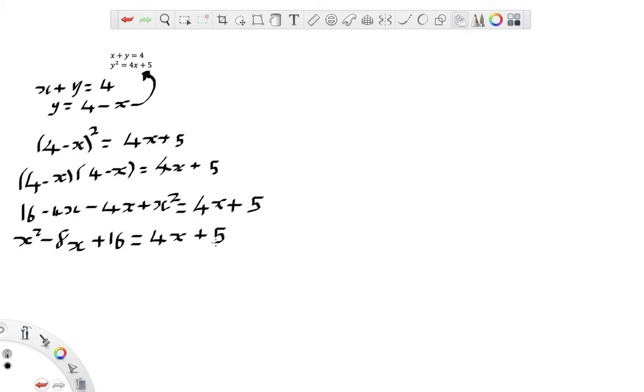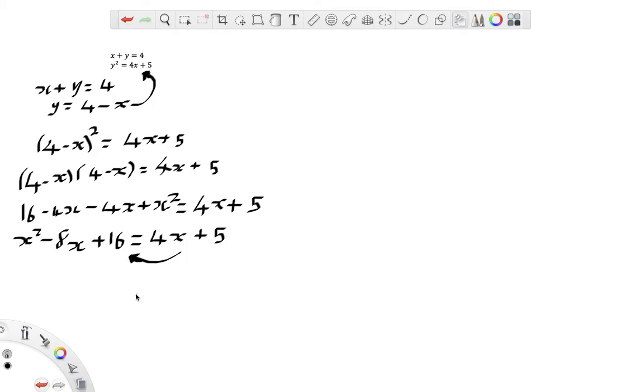Okay, now same as before, I need to get everything on one side so that I can solve it. It wouldn't be wise really here to start moving things to the right hand side, because if I do that I have to take this x squared over, so I'll get minus x squared. That's just a bit tricky, so what I would suggest is to move everything this way. Keep the positive x squared.